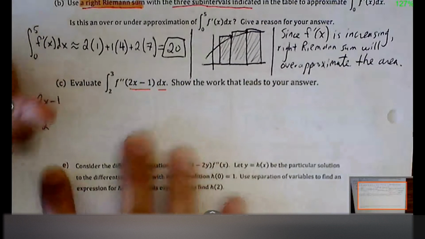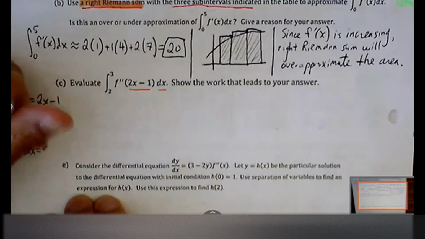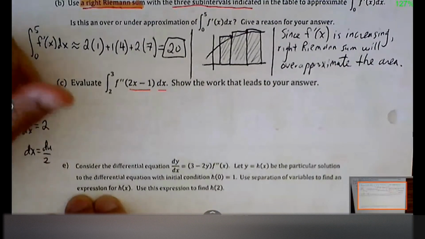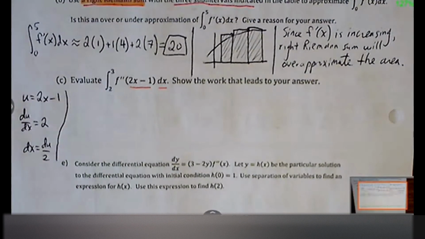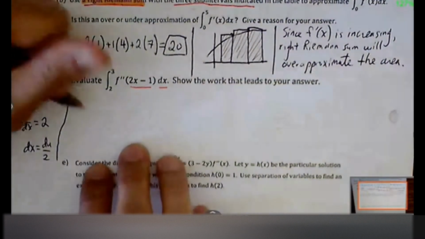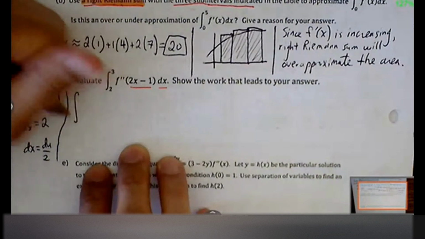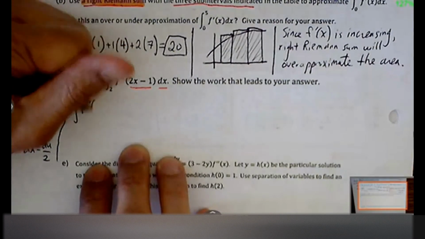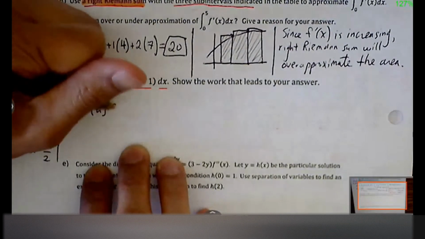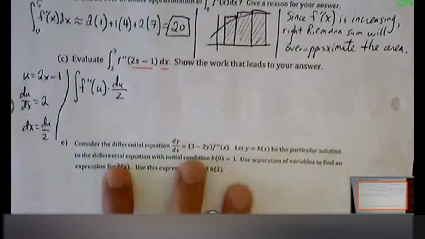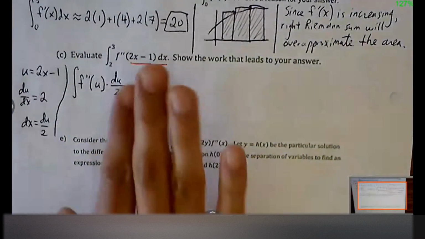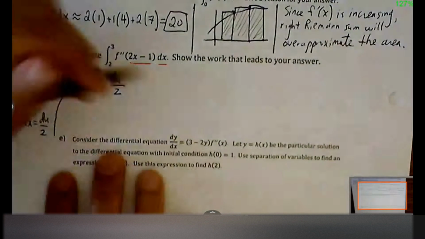U-Substitution. We'll go ahead and replace our x's with u and du. We'll leave the bounds out of it for now. I'm going to push that 2 out in front as 1/2.